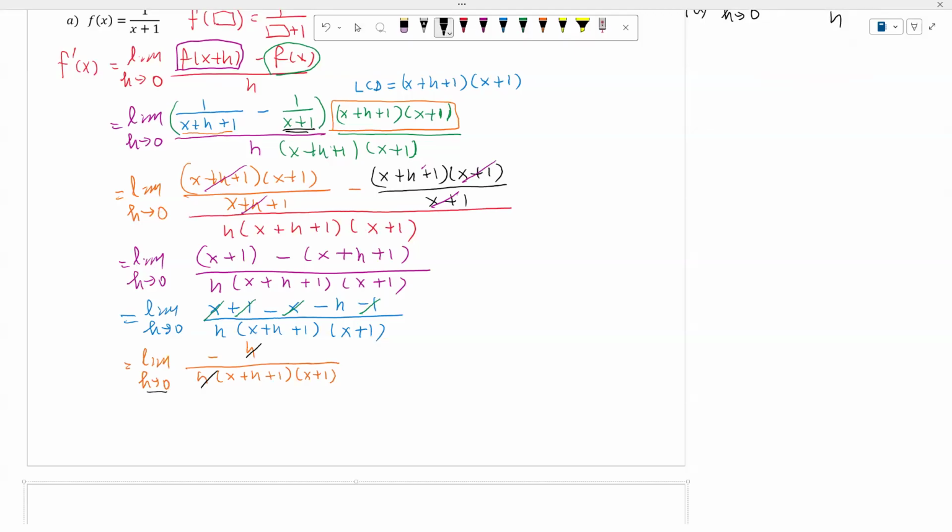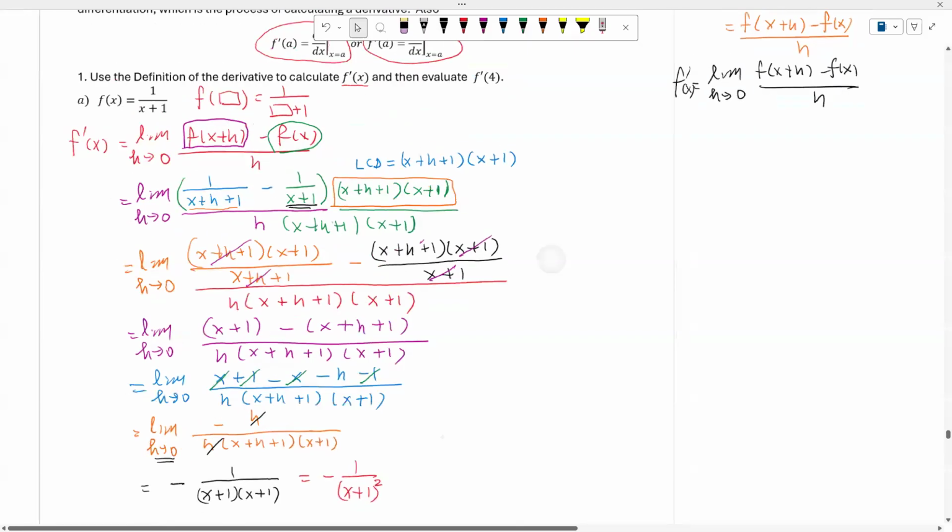And then now, direct substitution. I will have negative 1 over x plus 1 times x plus 1, which is equal to negative 1 over x plus 1 squared then. Okay.